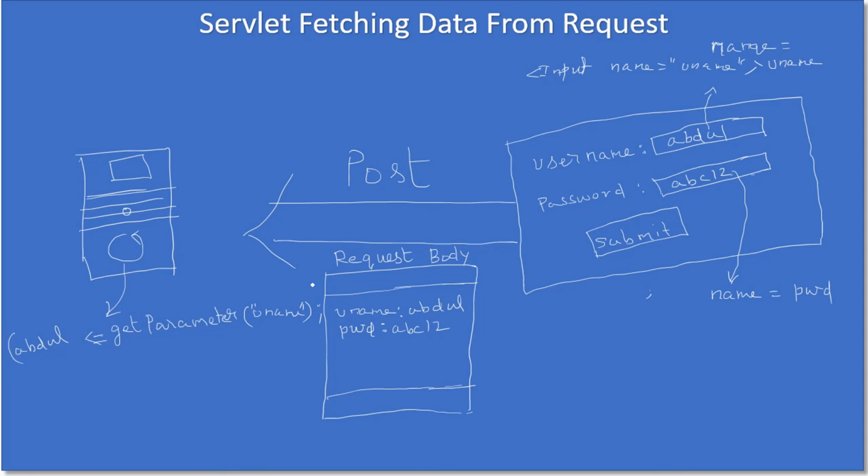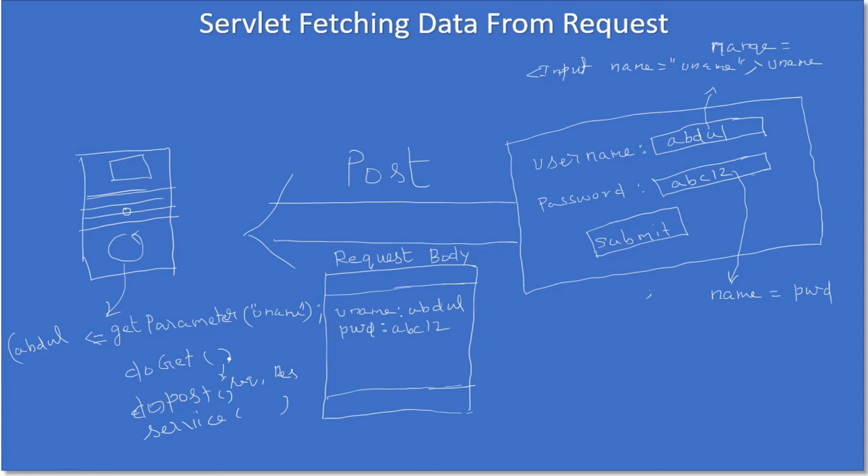So we use getParameter inside the servlet method. The method can be anything. It can be doGet. The doGet will receive both the parameters, request as well as response. All the methods, doGet, doPost and service, get request and response.